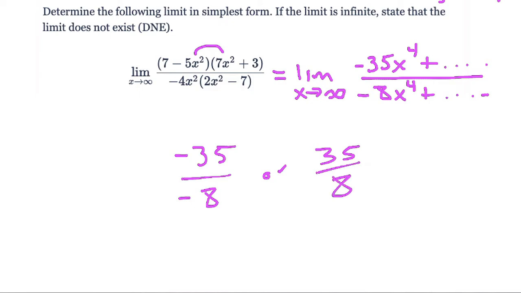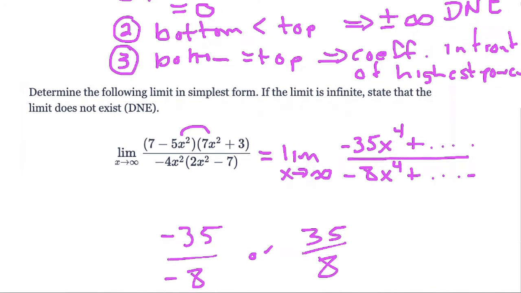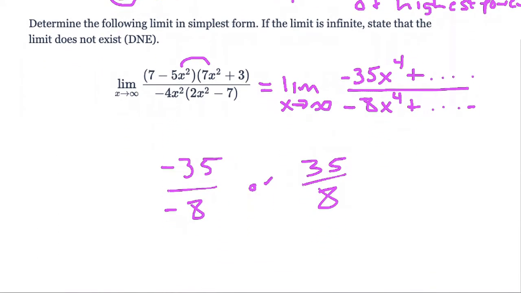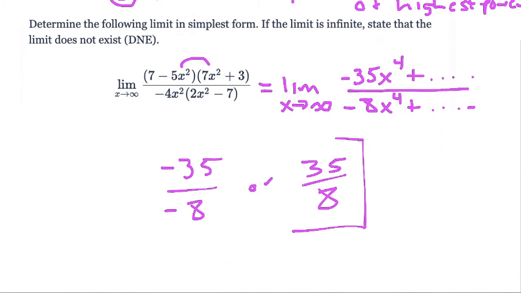Because the power on the top is equal to the power on the bottom, we just look at the coefficient in front of that highest power. That's that third statement that I put up there. So in that case, that is the answer. And that's all you have to do. Okay, so you're just looking at what's the highest power on the top and the bottom.